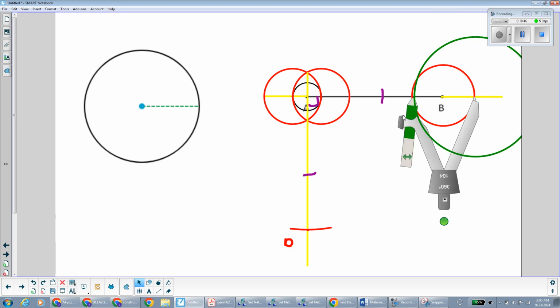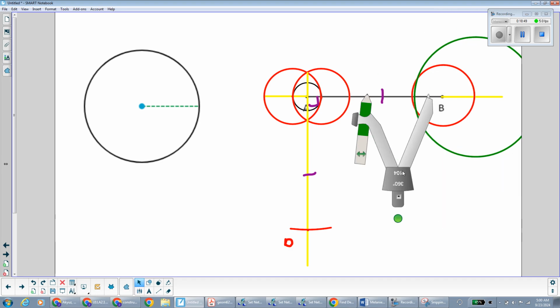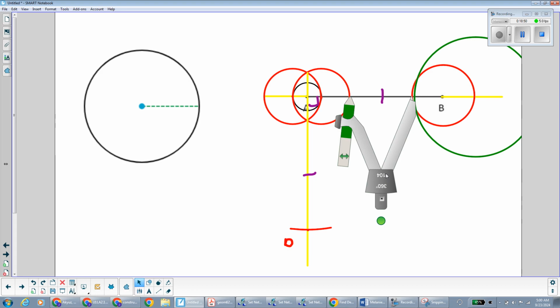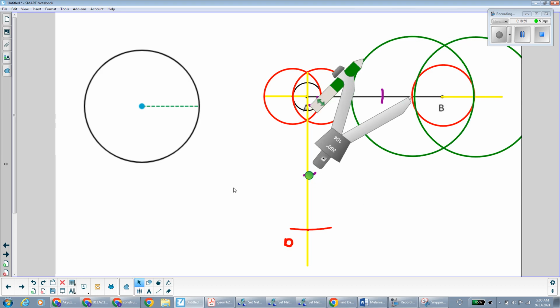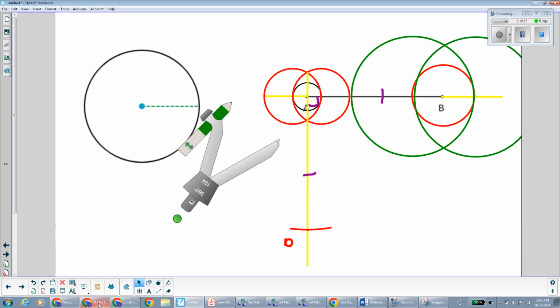Swing a circle over to the other intersection point. As you can see, I'm not 100% accurate with the computer, but we try to be as accurate as we can be. And right through those 2 intersection points, I'm going to draw my perpendicular line. So this ensures that we have a right angle over here as well.